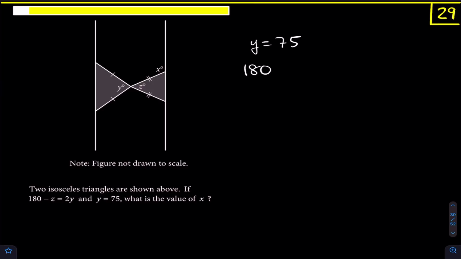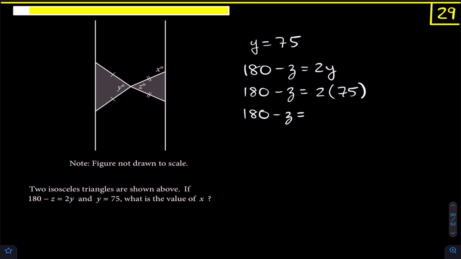We can do that very quick. So y is 75. We can plug that in. You guys like how I'm writing my z's? Isn't it cute? I'm writing little cursive z's. Nobody cares. All right, so this is 150.